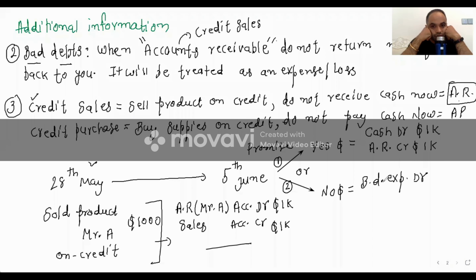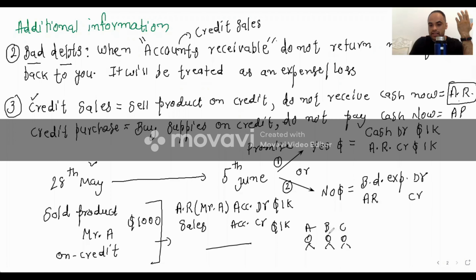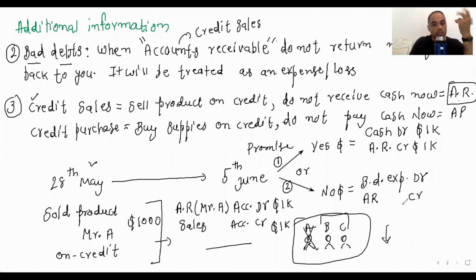Accounts receivable should be credit. Why accounts receivable credit? Again, you had three people, A, B, and C. A does not give you, so how many are left? Two are left. So the total accounts receivable reduces. That's why accounts receivable credit.